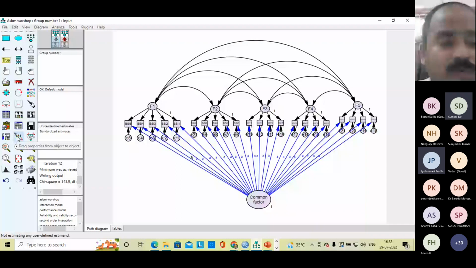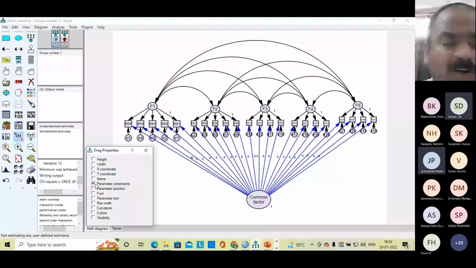You click there and make it tick, the parameter constraint. Once you make it tick, it enables you to drag and drop the same object anywhere, and it will be assigned the same value. So I dragged this A and put it on any one of the arrow marks. Automatically, all the arrow marks will be assigned A.